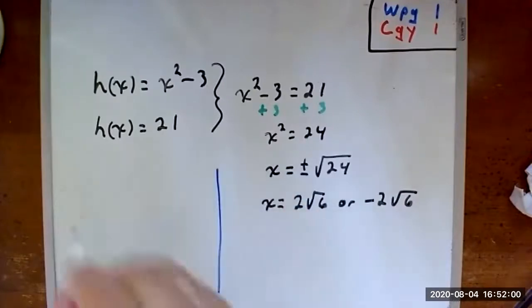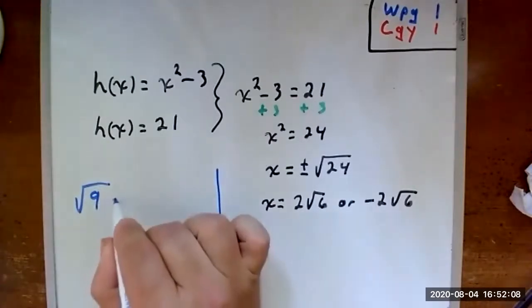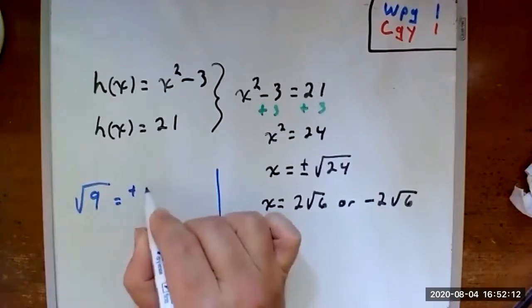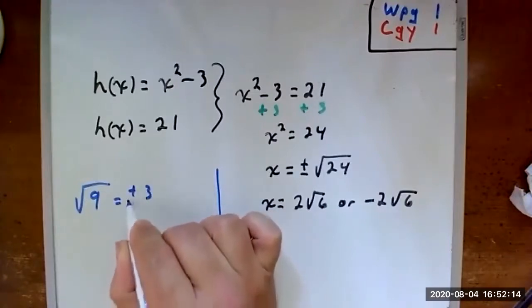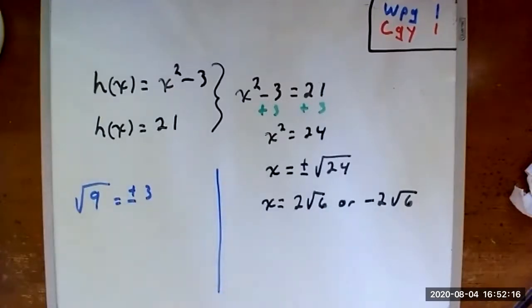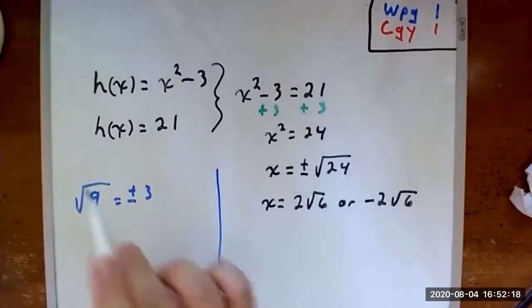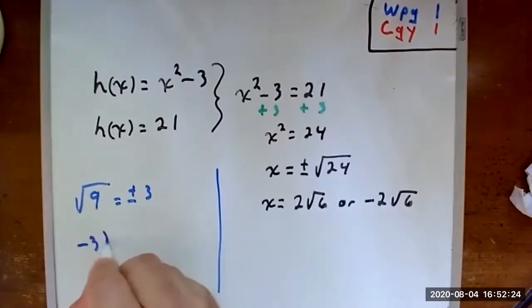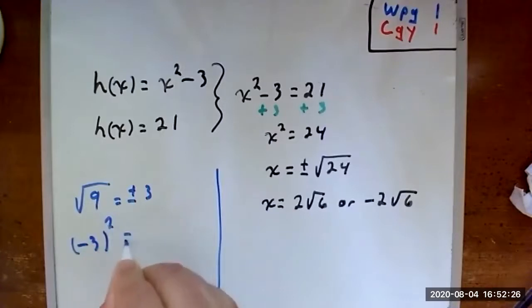A brief word on this. I'm not sure that we've looked at why radicals sometimes come out as plus or minus. So I'm just going to show why that is over here for a quick moment. If you're being asked for, for example, the square root of 9, well, there's two ways that we can get to 9. We can get to 9 using positive 3, or we could get to 9 using negative 3.